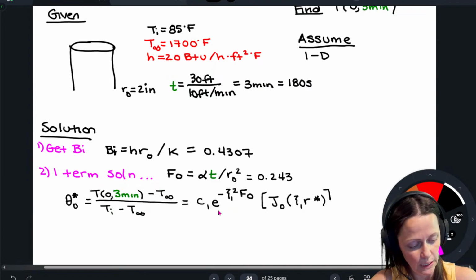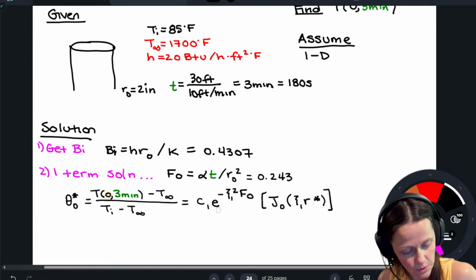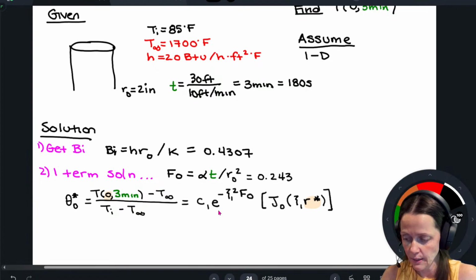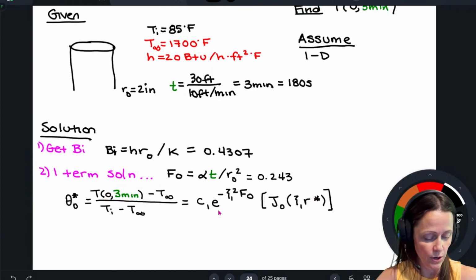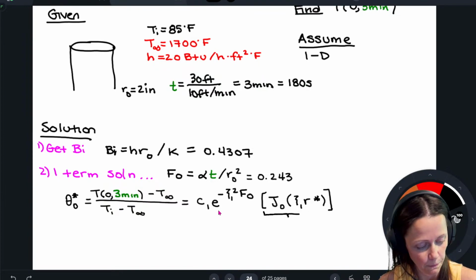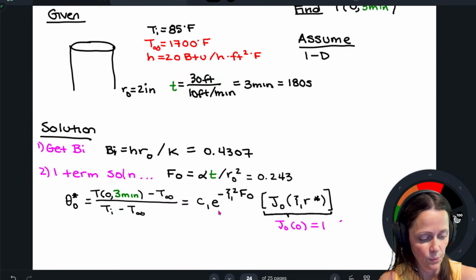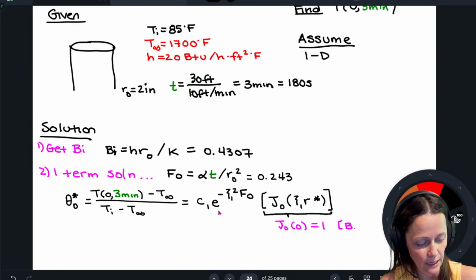But this will be really easy because I am looking at r equals 0, right? And so that r star will be 0 over r naught, or just 0. So if we put in 0, it's going to spit out 1, and we can verify that by looking at table B4.